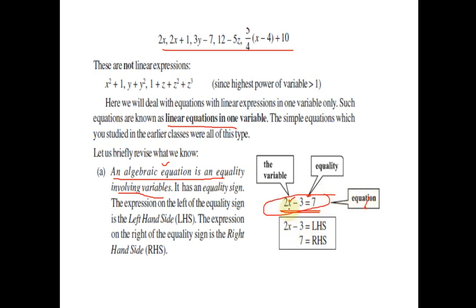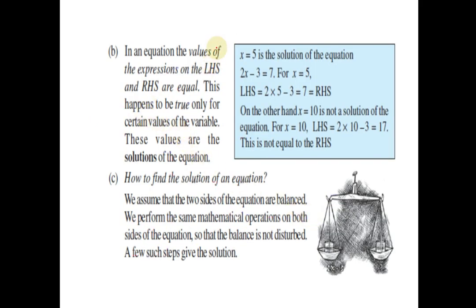Here LHS must be equal to RHS, that is, left hand side must be equal to right hand side. In an equation the values of LHS and RHS are equal. This happens to be true only for certain values of the variable, and those are called solutions of the equation.